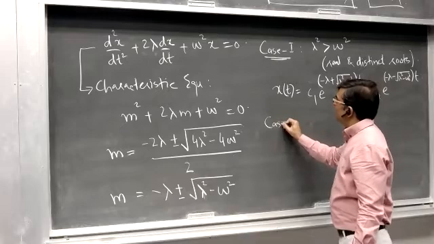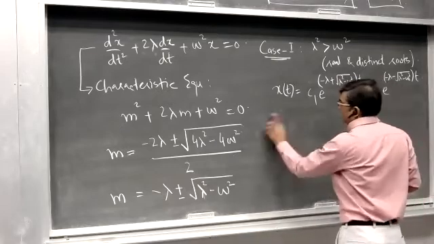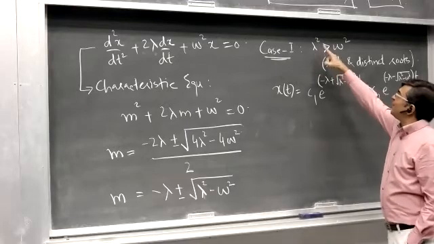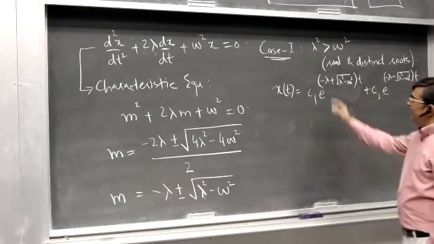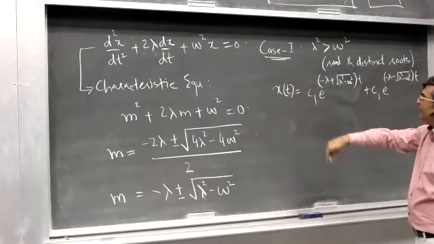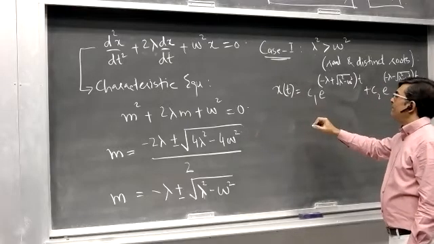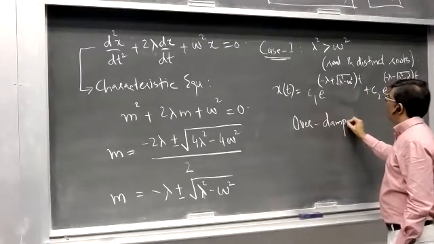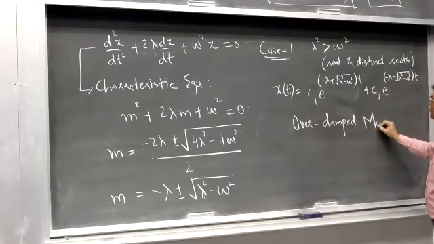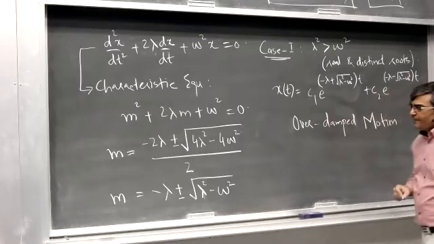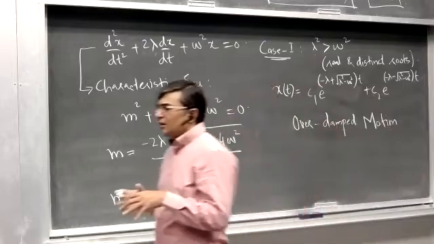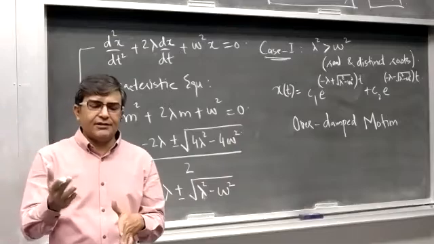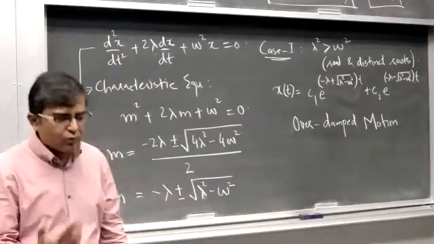When lambda square is greater than omega square, this motion is called overdamped motion. Overdamped motion means the frictional force will be more than other forces, restoring forces, weight force.